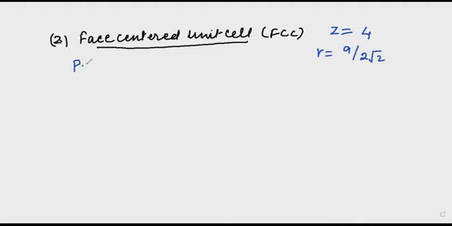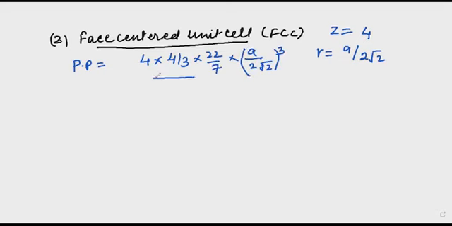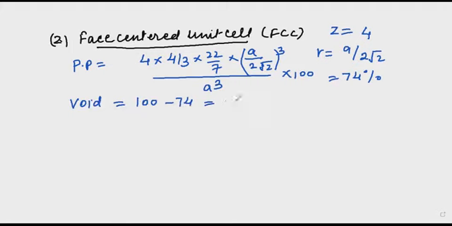So we find the packing percentage: 4 into 4 by 3, pi value is 22 by 7, into a upon 2 root 2 the power 3, and this is a cube, multiplied by 100. That comes to 74%. The void, vacant place or empty space, is 100 minus 74%, which is 26%.